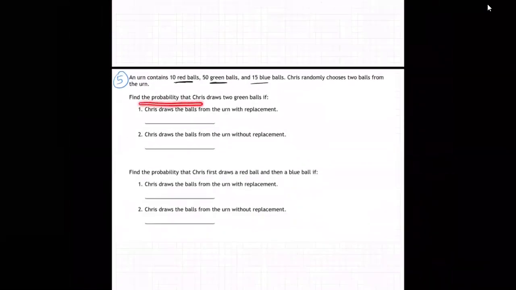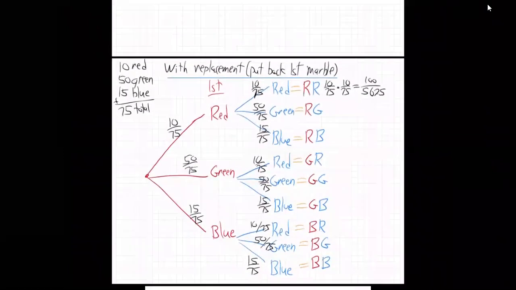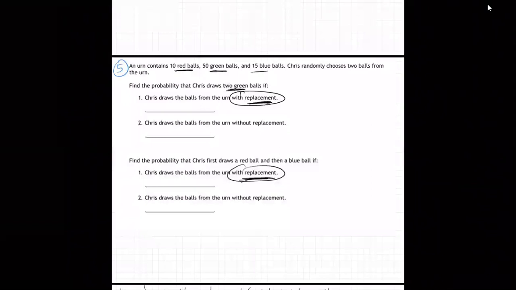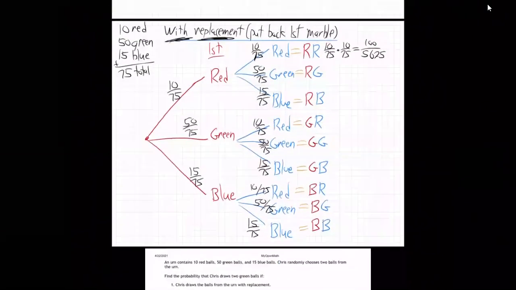Okay, find the probability Chris draws 2 green if Chris draws with replacement. So notice right here, with replacement, and I'm going to do the other one also in a minute. I'm going to do the 2 with replacement because that's my table right here. So it's asking me 2 green. Where's 2 green? Right here.